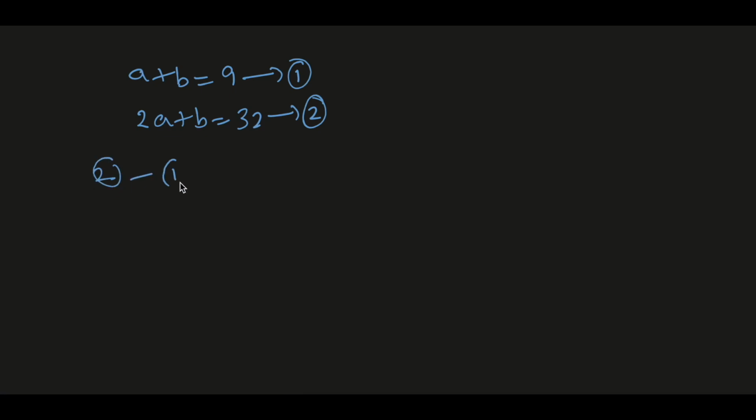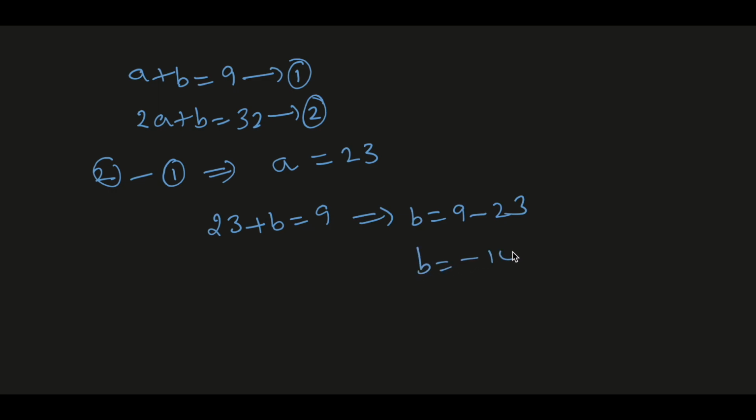So subtracting the first from the second, 2a minus a is a, b minus b is 0, 32 minus 9 is 23. You have got a value 23. Now substitute the a value in the first equation. So 23 plus b is 9. Then b is equal to 9 minus 23. So that is minus 14. So you have got a is 23, b is minus 14.